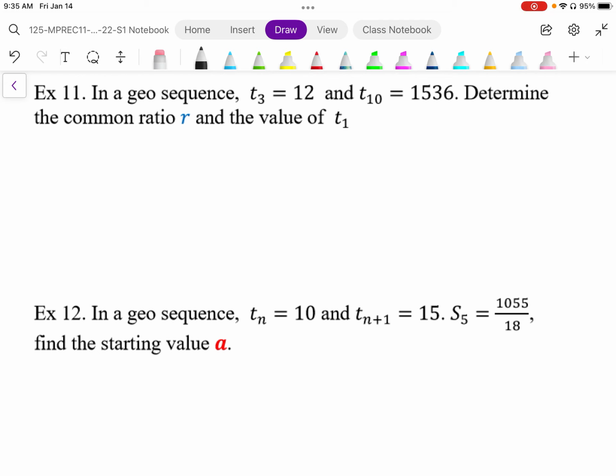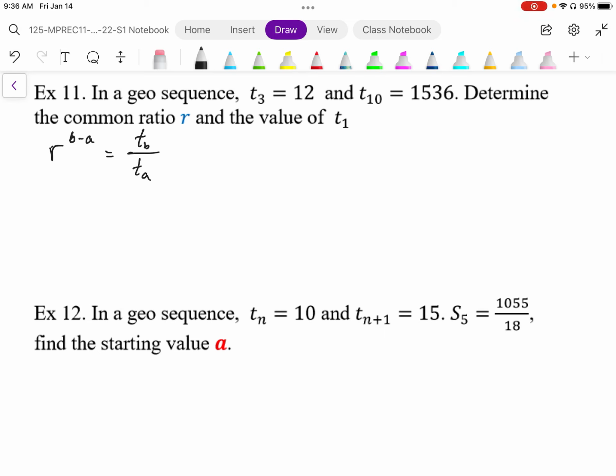Here we're given two terms of the geometric sequence, and we need to find the common ratio r. We can say that the common ratio r, to the power of the number of times we use the ratio, is going to be the b term, Tb, divided by the a term.